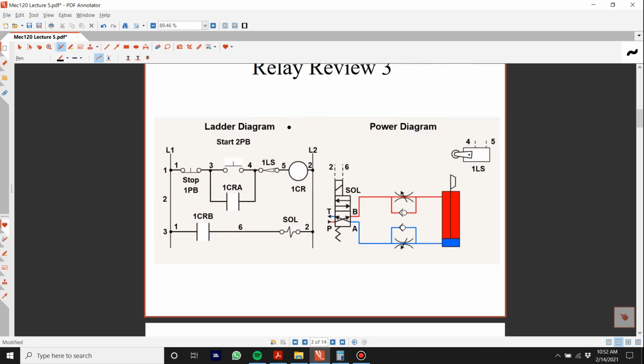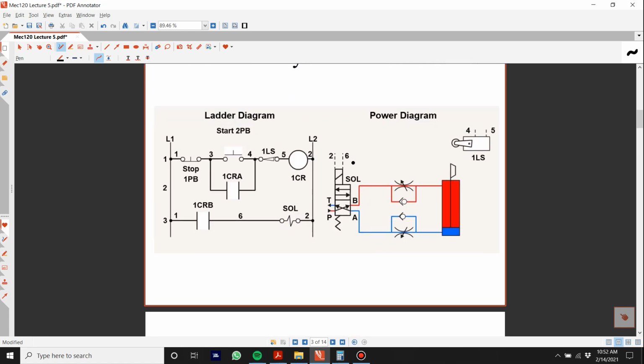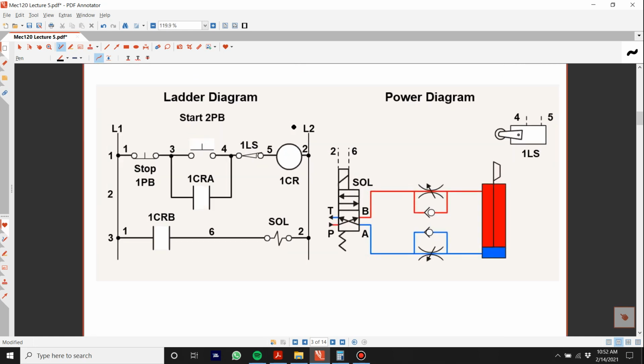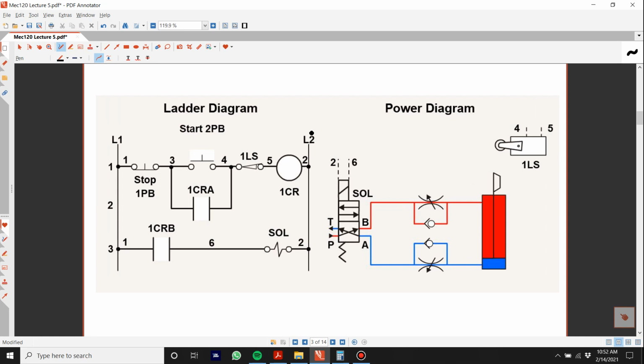So let's have a look at this electro pneumatic diagram here. What's going on? This section on the left is the ladder or the logic diagram. This on the right hand side is the power or the pneumatic diagram.